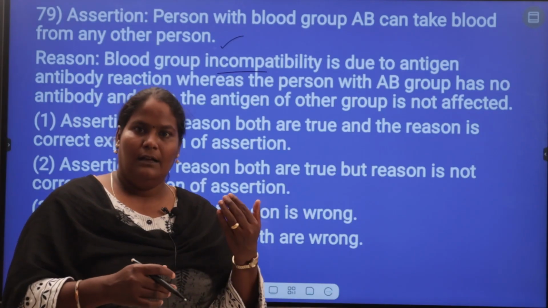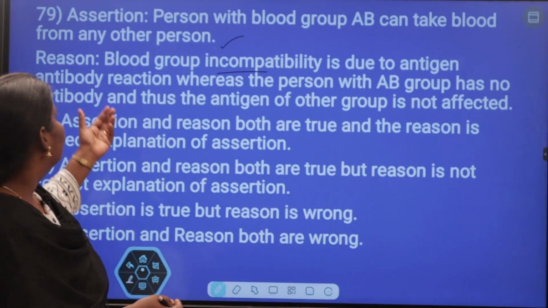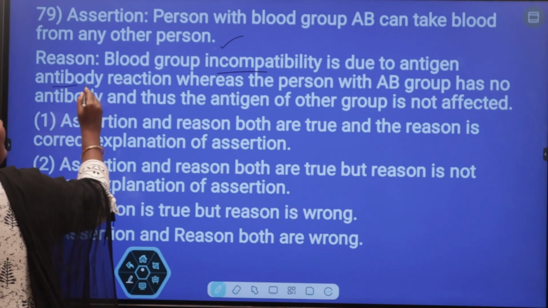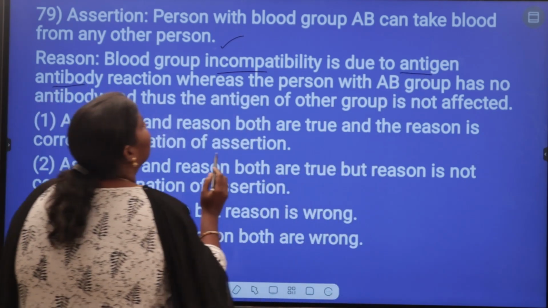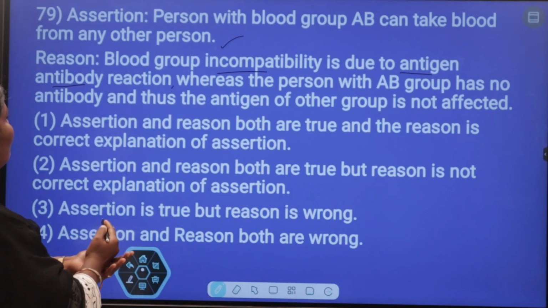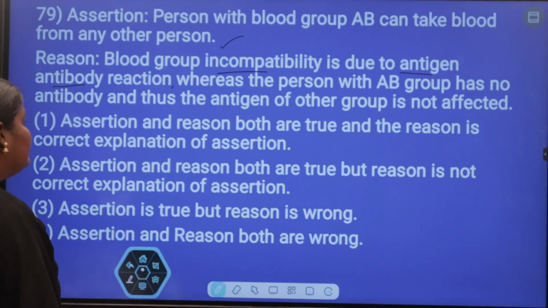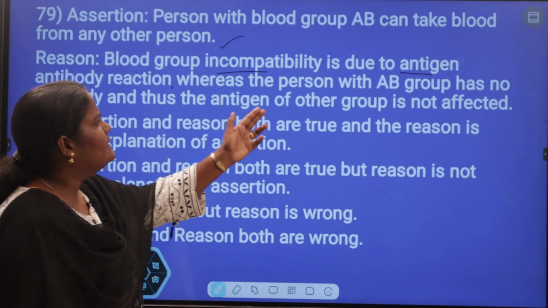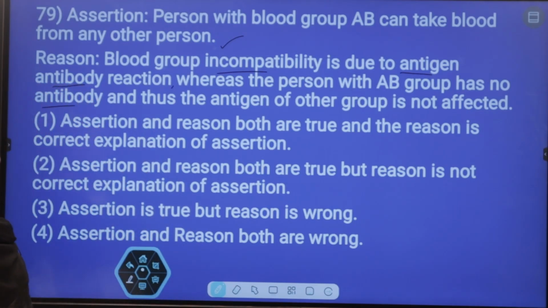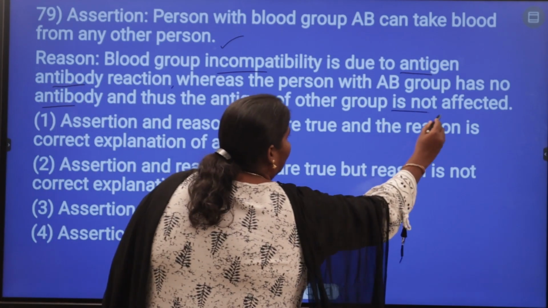So the patient ends up in a fatal condition. So blood group incompatibility is due to the antigen-antibody reaction. Up to this, one half of the statement is over. The next half: whereas the person with the AB group has no antibody and thus antigens of the other group are not affected.